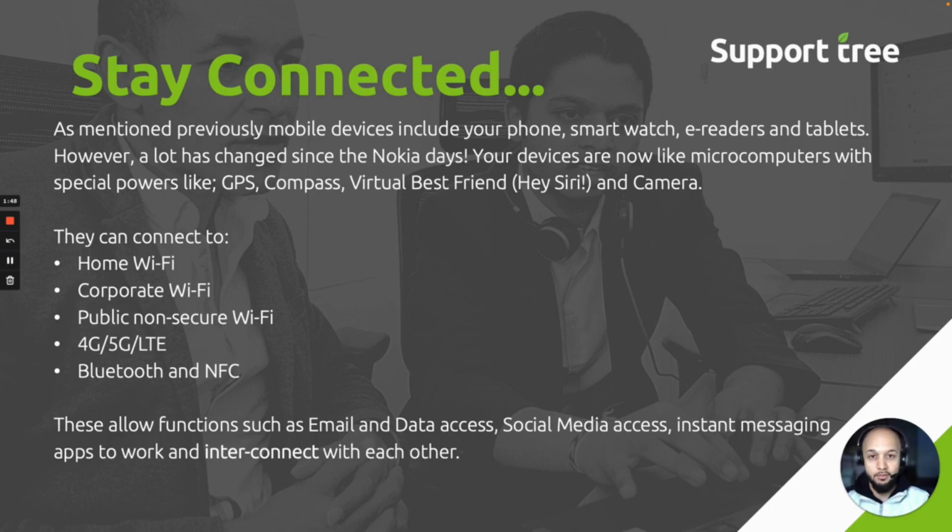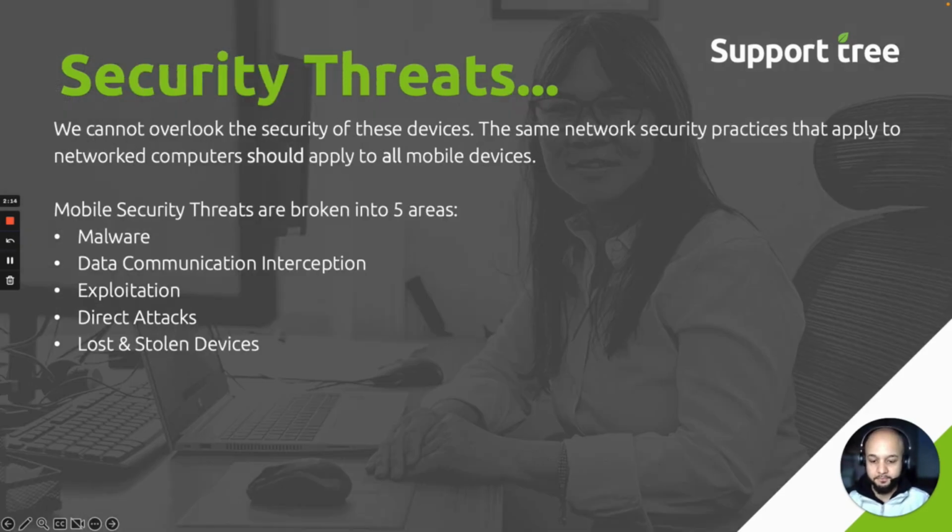They can connect to mobile data such as 4G, 5G, and LTE, and they can also use Bluetooth and NFC, which is near field communication. These all allow functions such as email, data access, social media access, instant messaging applications such as WhatsApp to work and to interconnect with each other.